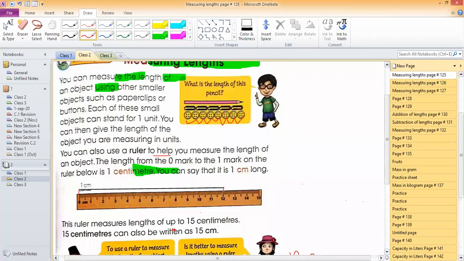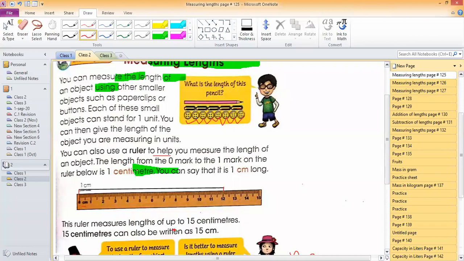So guys, we were discussing that we can measure length with paper clips and buttons, but this is not standardized. It's good if we use a ruler to measure the length of anything. To measure smaller objects we use a centimeter ruler. Look at this ruler, it is from 0 to 15 centimeter.